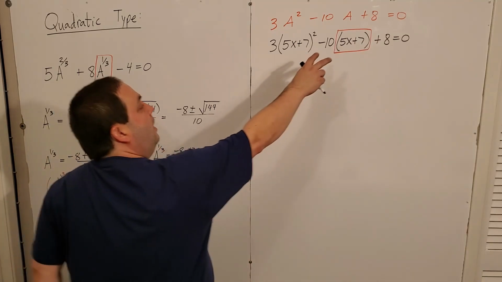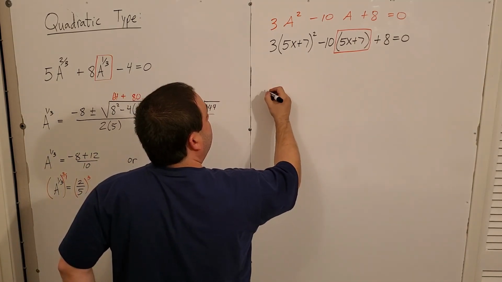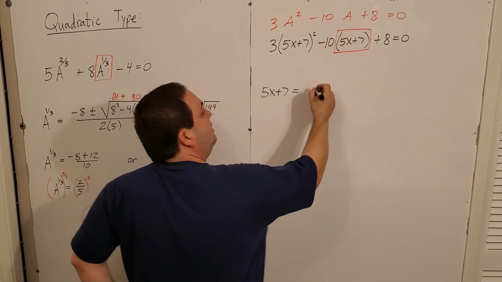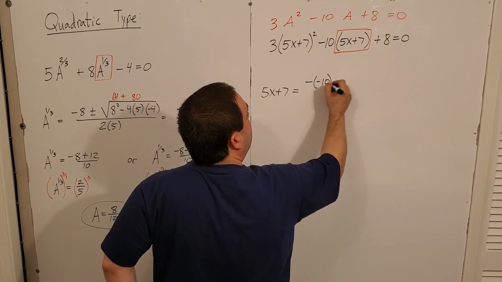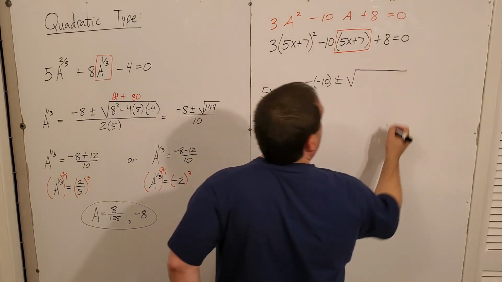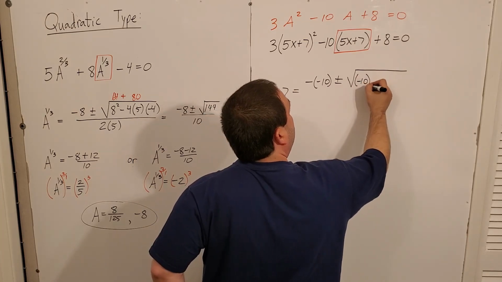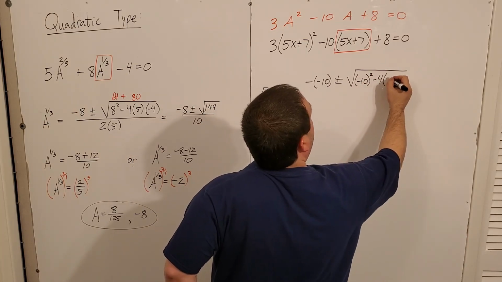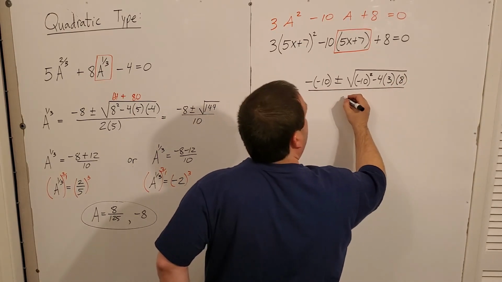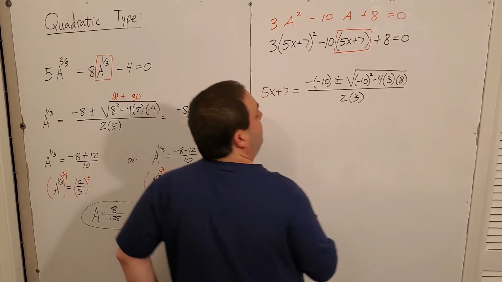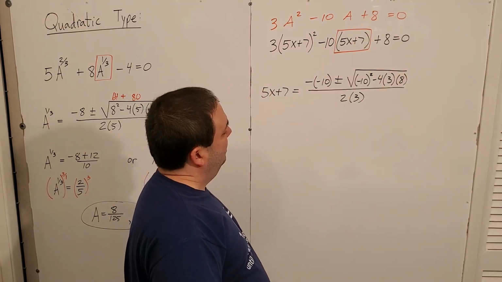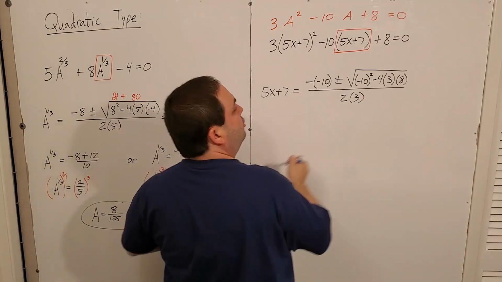So again, I'll have 5x plus 7 is equal to negative B plus or minus square root B squared minus 4ac and 2a. Right?